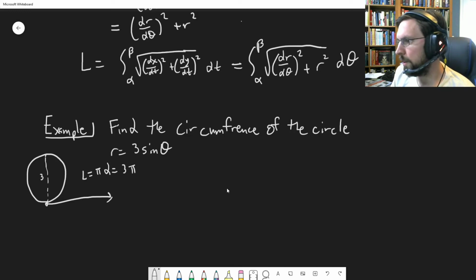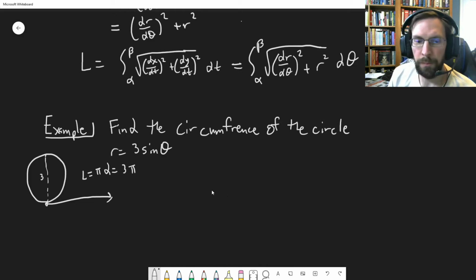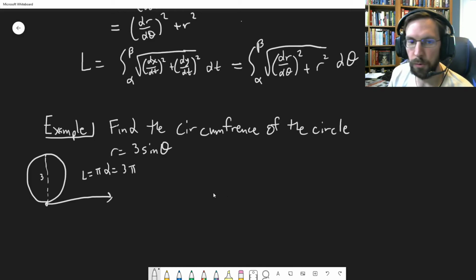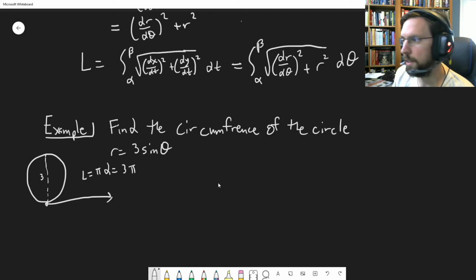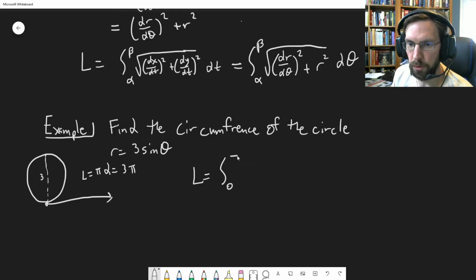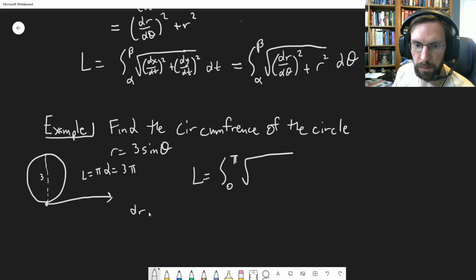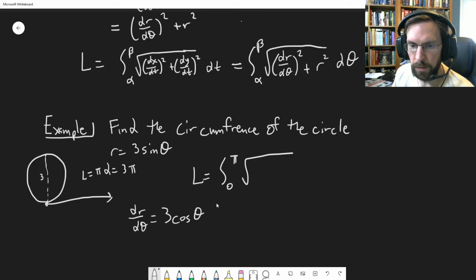Okay, something we need to remember is that the period of 3 sine theta is actually pi. So our arc length is going to be the integral from 0 to pi of the square root. We need to compute dr/d theta. dr/d theta should be 3 cosine theta.